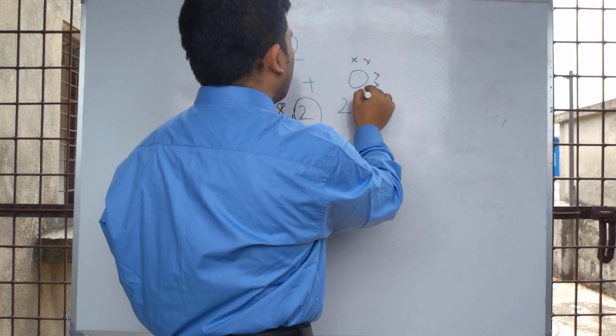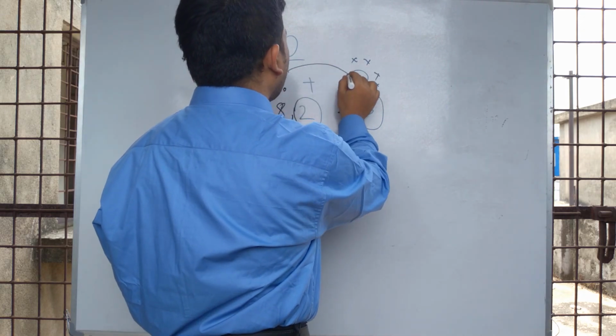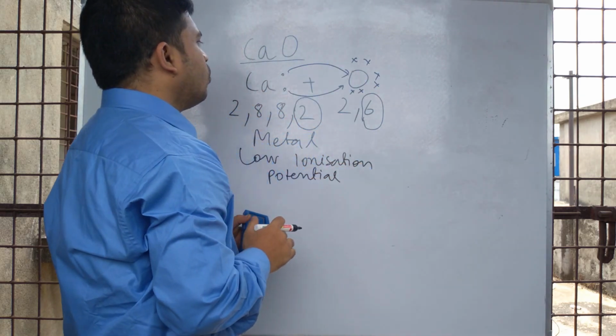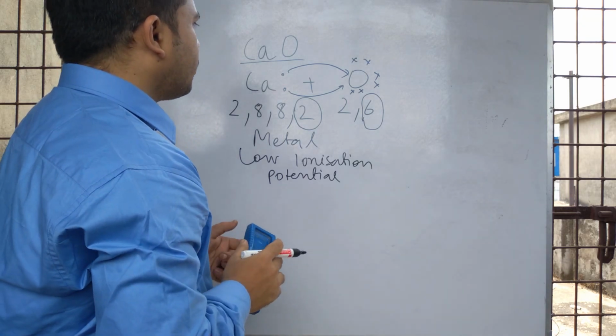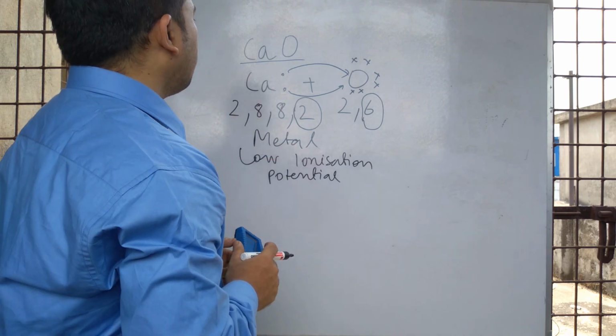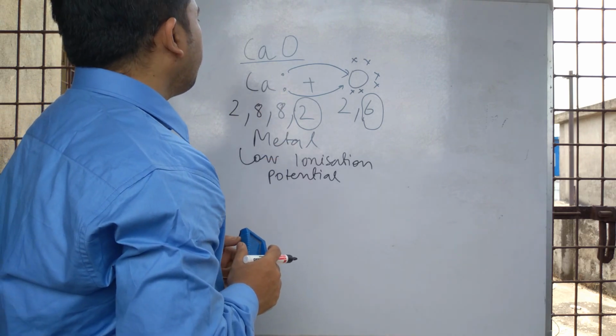oxygen receives these 2 electrons when calcium transfers its 2 electrons, to form the oxide form of oxygen.